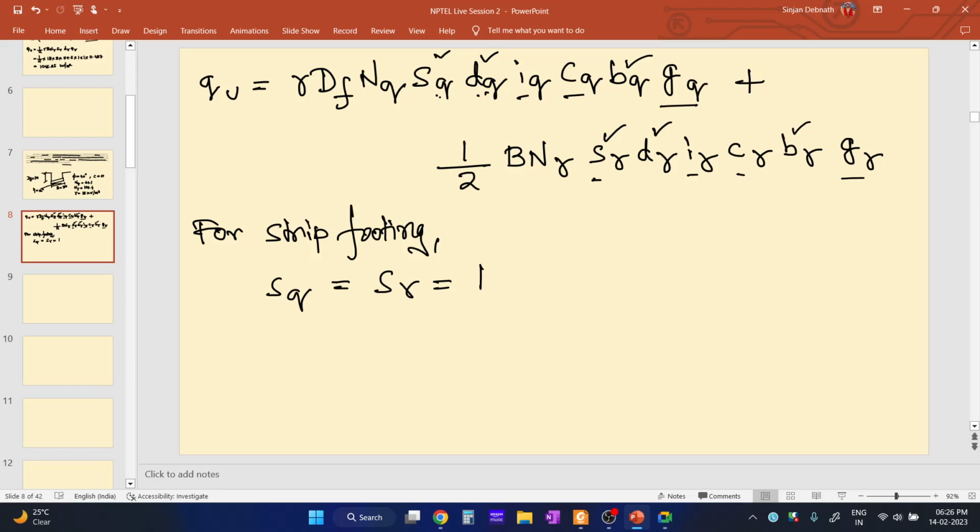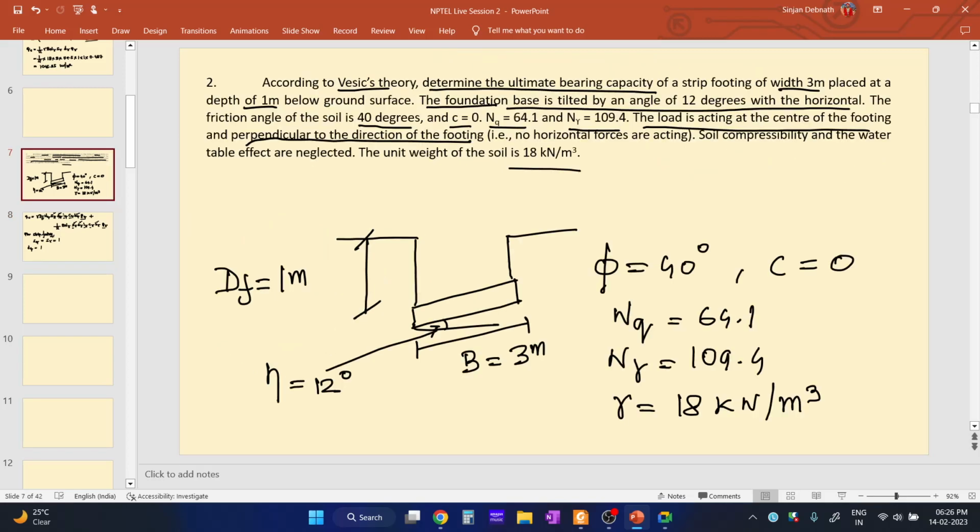But dq, first of all, for Vesic's theory we need to find this ultimate bearing capacity.